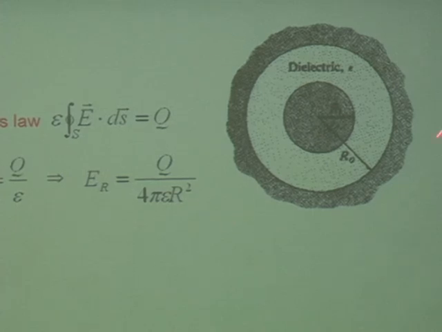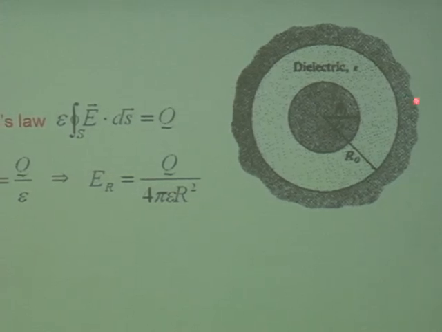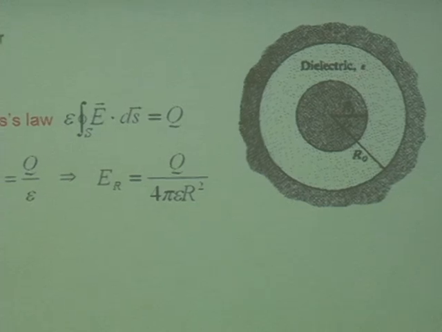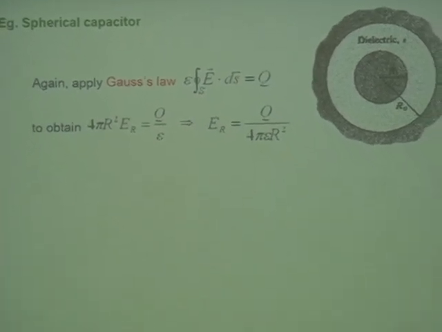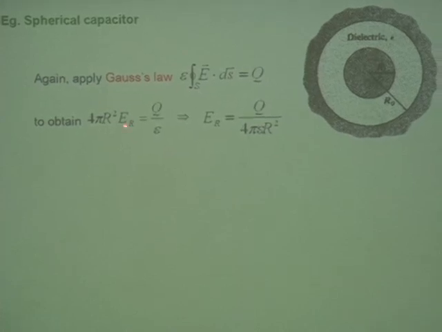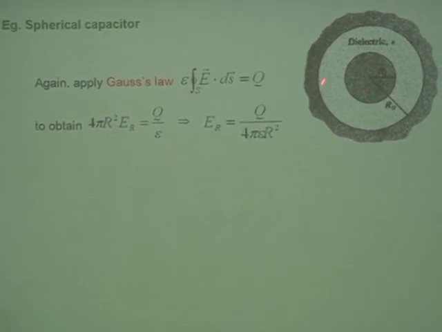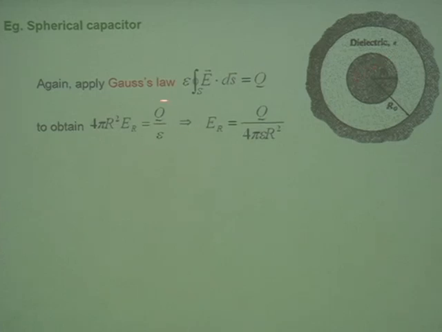Well, because this is spherically symmetric, now you can create a Gaussian surface to deduce the electric field. So this is quite typical to you, right? Just choose a Gaussian surface between these two conductors, and you end up having the expression that you are familiar with. 这个式子你很熟悉了 right?